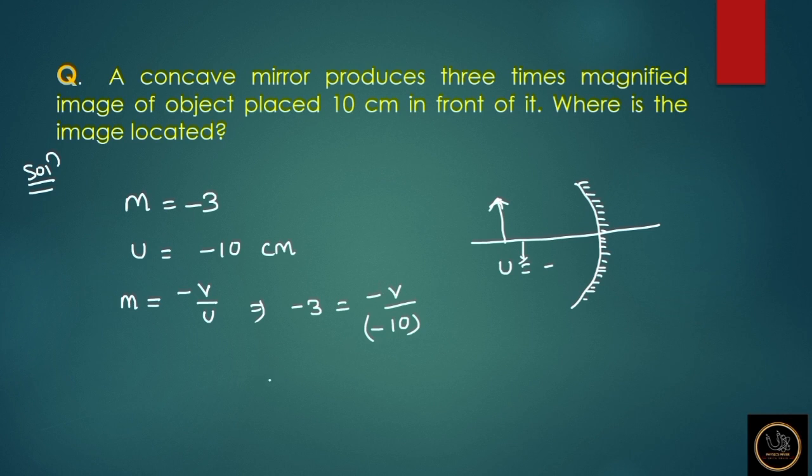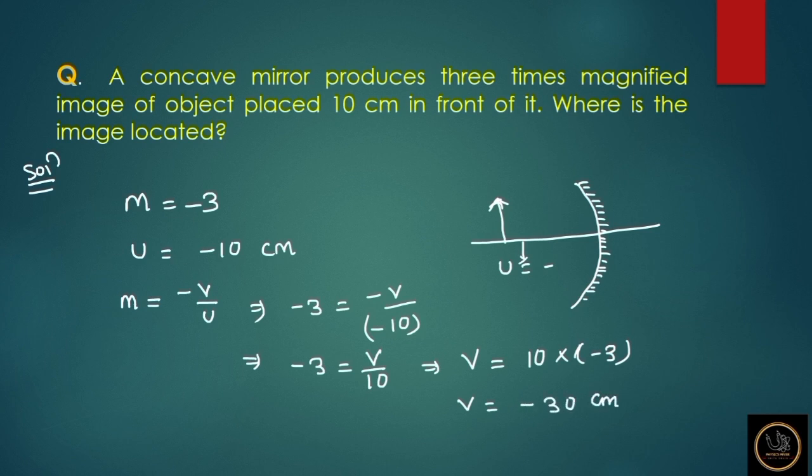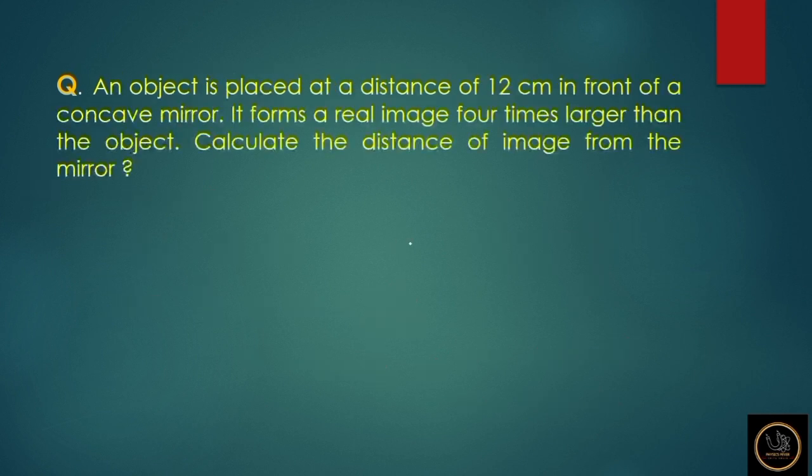Here minus will cancel out, so minus 3 is equal to V by 10. So the value of V will be 10 into minus 3. It will give you V is equal to minus 30 centimeter. Okay. Then next question.